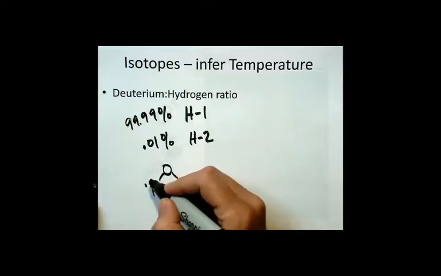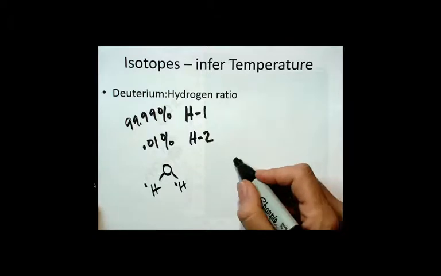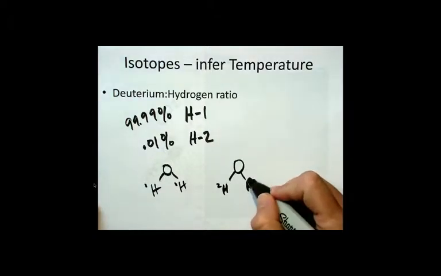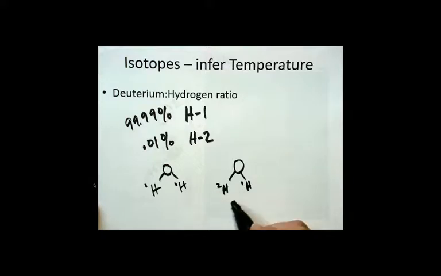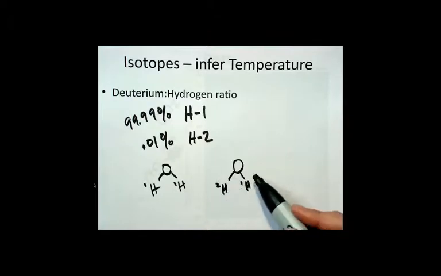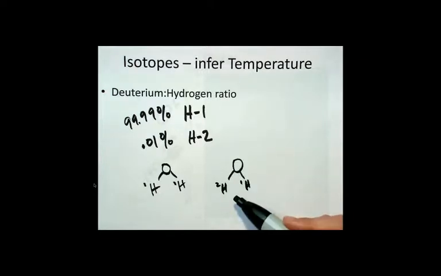And so we'll just put ones up here just to indicate that we're talking about the isotope hydrogen 1. But a very small bit of the hydrogen in water is going to be deuterium. And because the mass of deuterium is twice the mass of hydrogen, it has a mass number of 2 as opposed to 1, then water that has deuterium as its hydrogen is heavier. Okay, so you could call it heavy water.